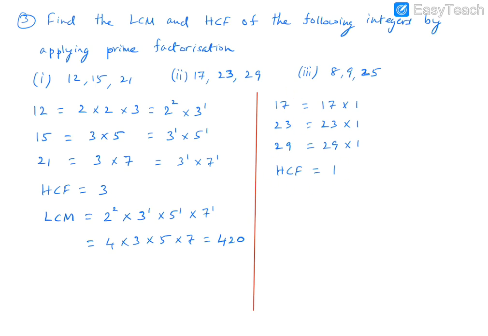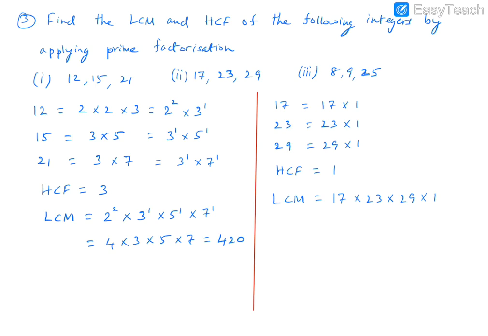So HCF equals 1, and the LCM of these three numbers is simply going to be the product of these three numbers. So we're going to take the highest power of each of the prime factors. So the highest power of 17 is 17, the highest power of 23 is 23, the highest power of 29 is 29, and the highest power of 1 is 1.